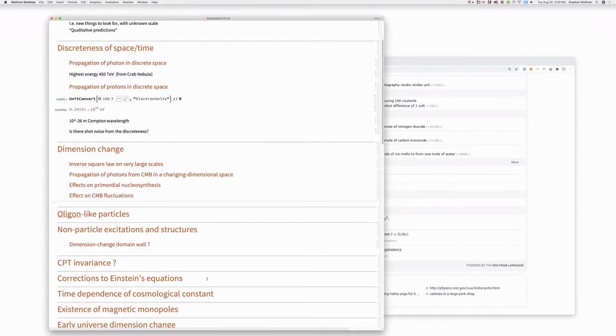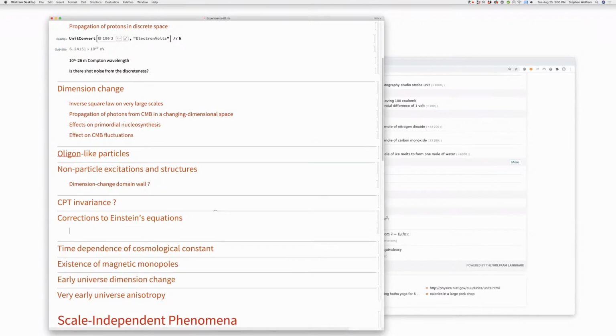Okay, let's talk about corrections to Einstein's equations. We believe that these are presumably of order elementary distance over scale size. Is that right, Jonathan? That depends on what you mean.